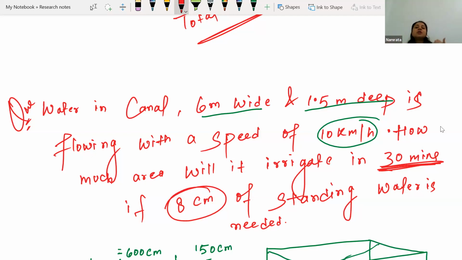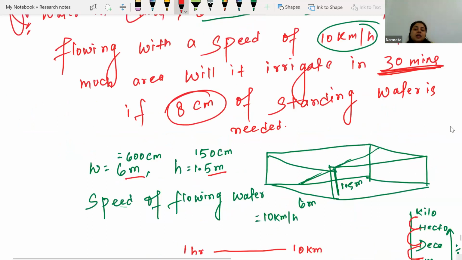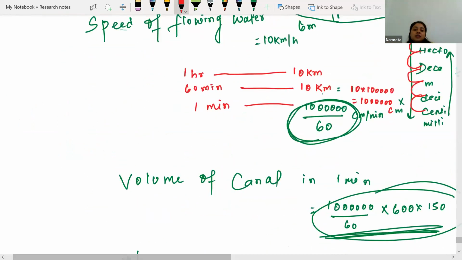We know volume formula came from area into height. We are just breaking our volume formula into area times height. 8 centimeter of standing water is needed, so height we are taking as 8 centimeter, area we are writing as it is, and then we are getting the area which will be irrigated.